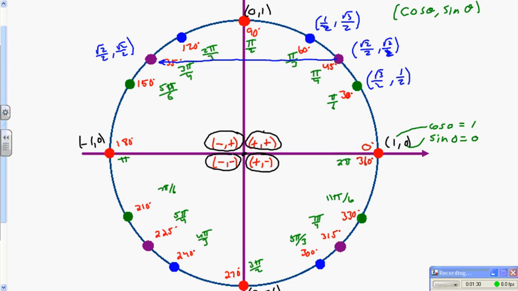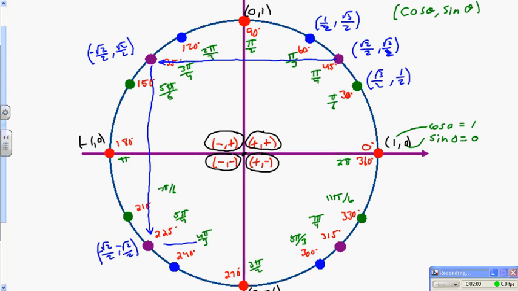But the difference is, since we're in the second quadrant, the cosines are negative. Then, if we reflect over the x-axis, again we have the same thing, root 2 over 2. But since we're in the third quadrant, they're both negative.